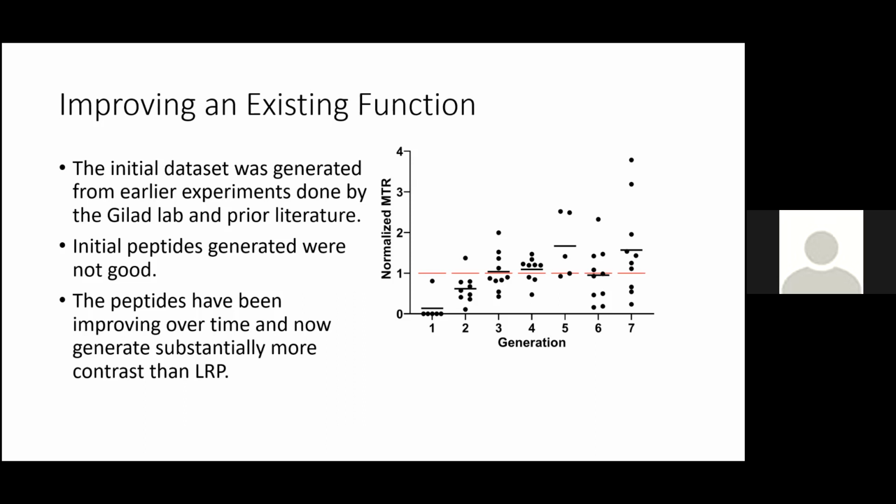The later generations have seen substantial improvements in the contrast they've generated, as a larger variety of motifs have been able to be analyzed and learned from. And so now we are producing contrast that is substantially higher than the LRP that is used in research today.